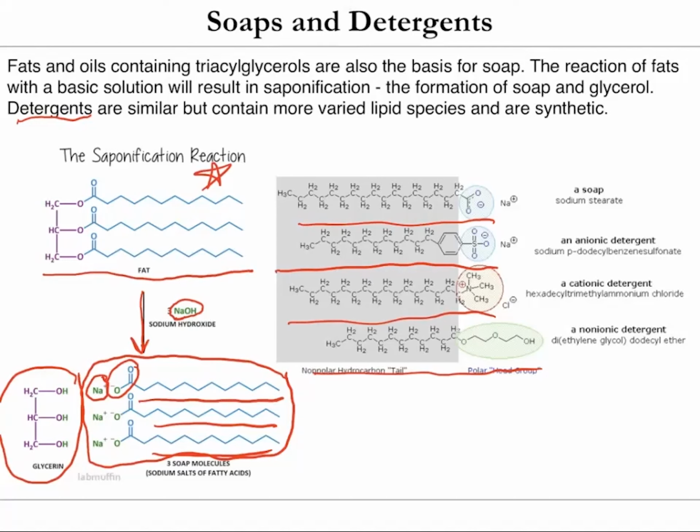But you can also take vegetable fats like olive oil or shortening, or animal fat basically, and turn it into soap. So these fatty acids, these triacylglycerols, are the basis for all the soaps and detergents really that you use.